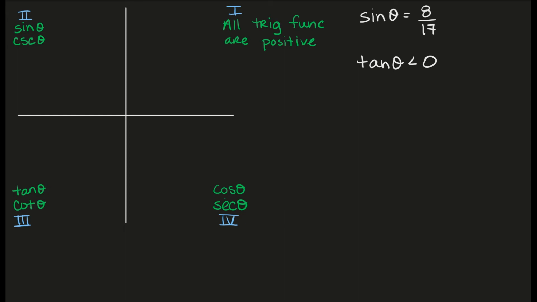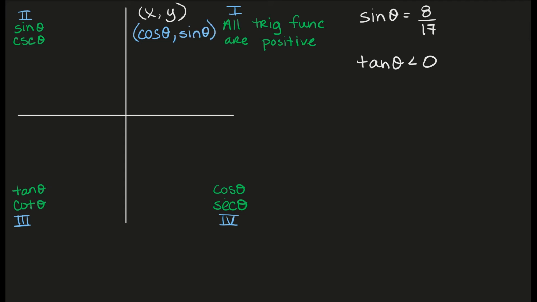Well, to do this, we have to think about the quadrant plane and where our values are positive and negative. So in the quadrant plane, you're used to working with x's and y's. With any coordinate point, you have an x value and a y value. With trig, you want to think of your x values as cosine and your y values as sine.